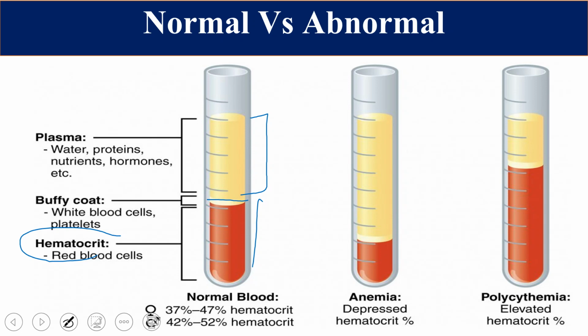If the RBC composition decreases, that is a decreased or depressed hematocrit, it is called an anemic condition, where plasma concentration increases to more than 55% and the cell component concentration decreases comparatively. In the reverse case, where plasma composition is less and RBC concentration increases to more than 45%, it is called polycythemia. So there is an increased hematocrit value in polycythemia.